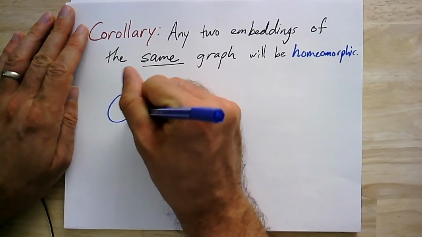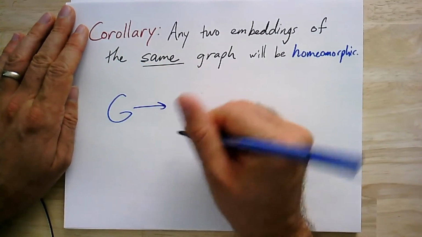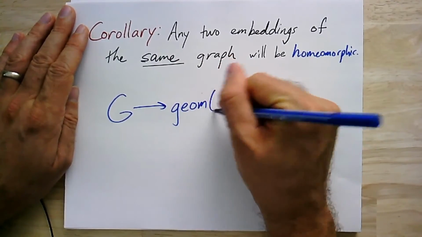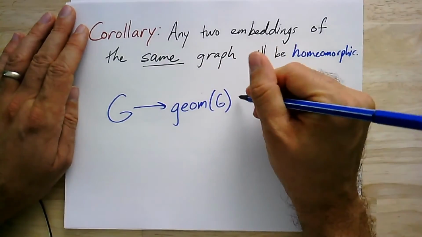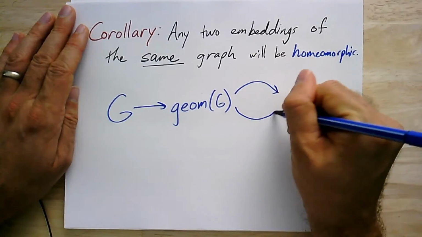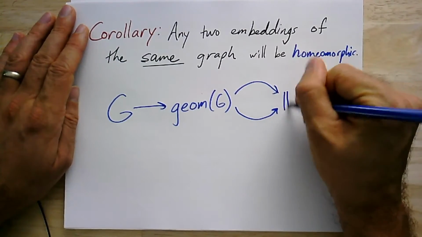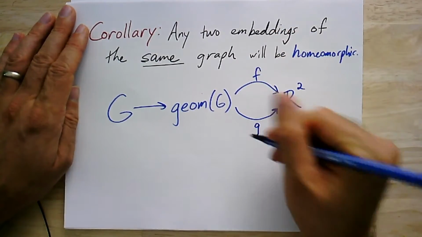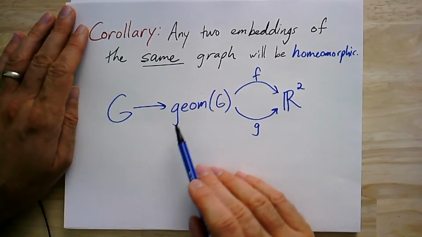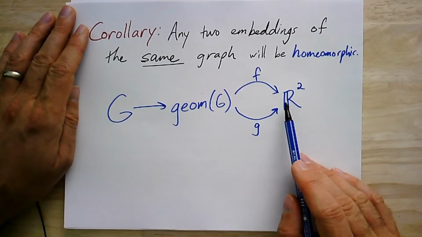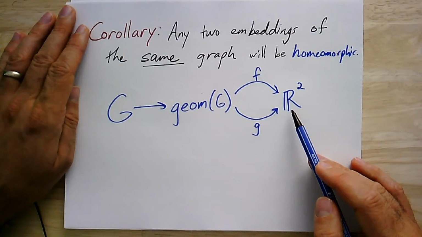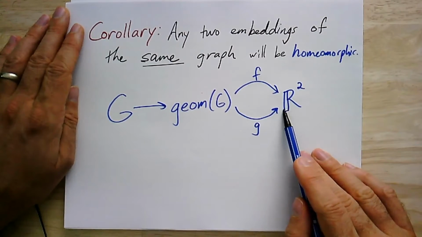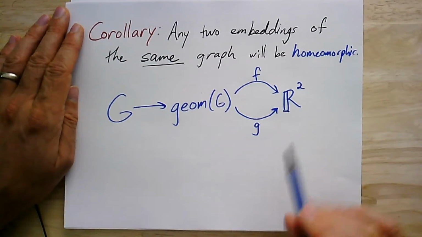In diagrams, that means I have a graph G. I take a geometric realization of G sitting in Rn, and if I took two different, let's say, planar embeddings into R2, let's call them F and G, the image of F and the image of G are going to be homeomorphic. So two different drawings will still be topologically equivalent.